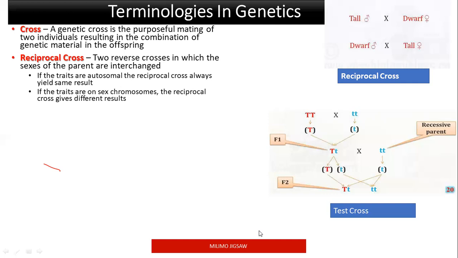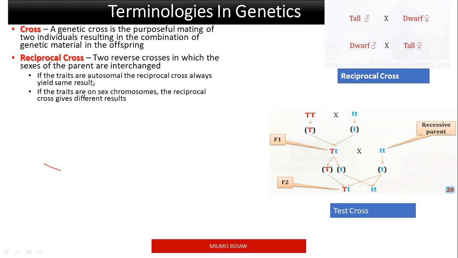For example, we have a reciprocal cross. In a reciprocal cross, two reverse crosses are done in which the sexes of the parents are interchanged. If the traits are autosomal, the reciprocal cross always yields the same results.